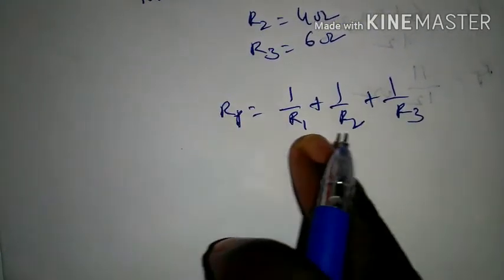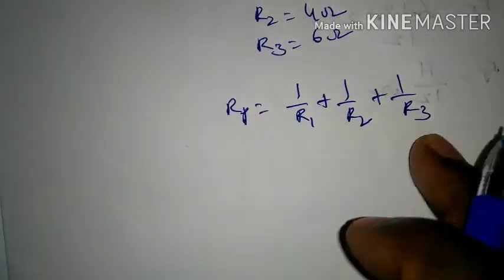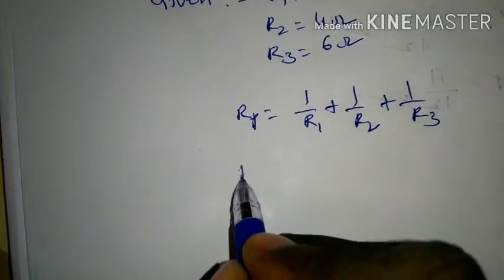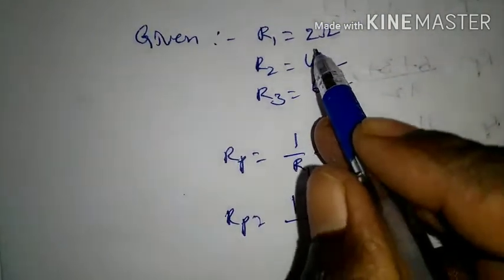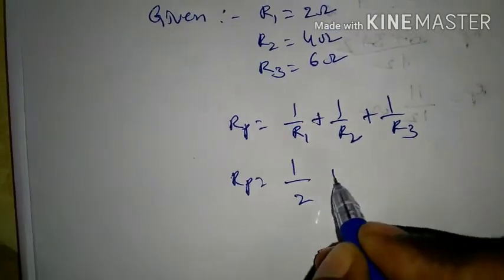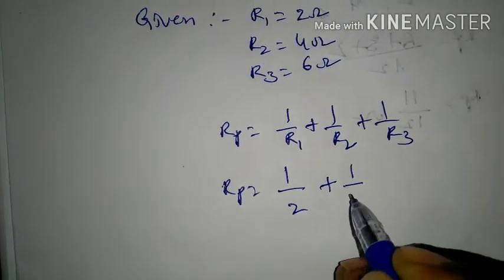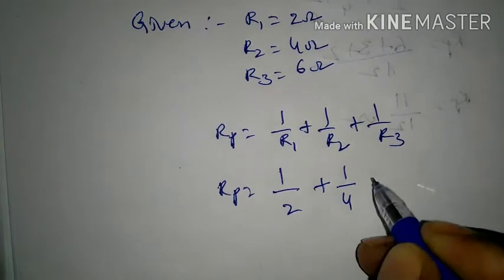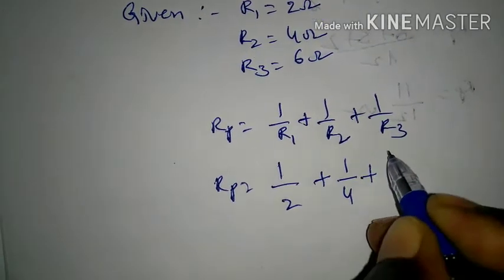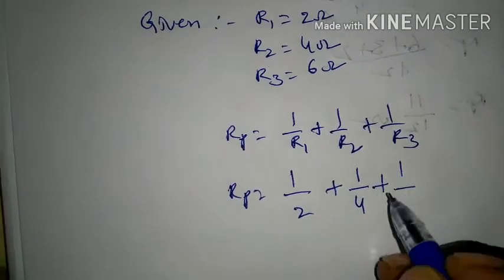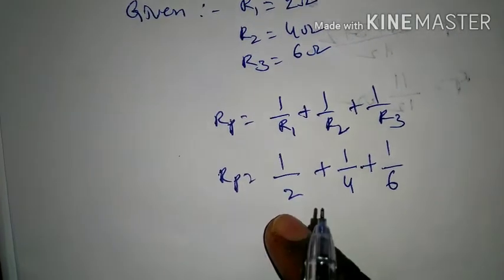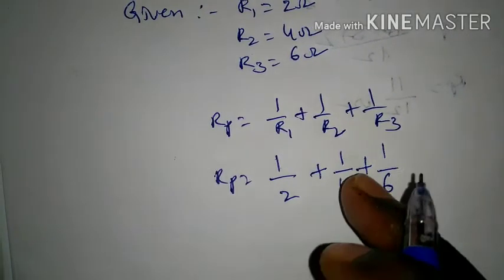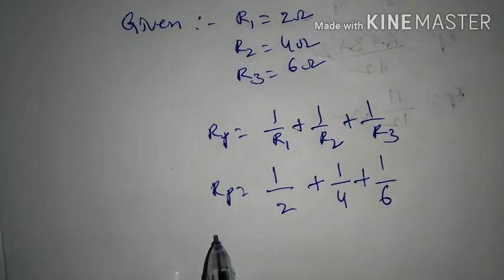Next, substituting the values, R1 is 2 ohms, R2 is 4, R3 is 6, so 1 by Rp is equal to 1 by 2 plus 1 by 4 plus 1 by 6.